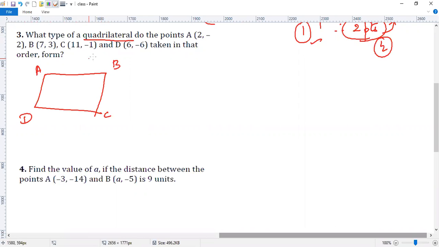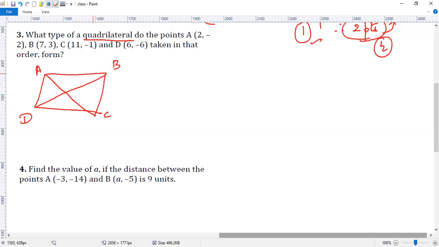That is one way. If you have AB equal to DC, and AD equal to BC, in that case opposite sides are equal, it might be a parallelogram, right? There is another way to identify. After finding it's a parallelogram, in depth you can find out what type of parallelogram it is. For that you have to check the diagonals. So first you check the sides.